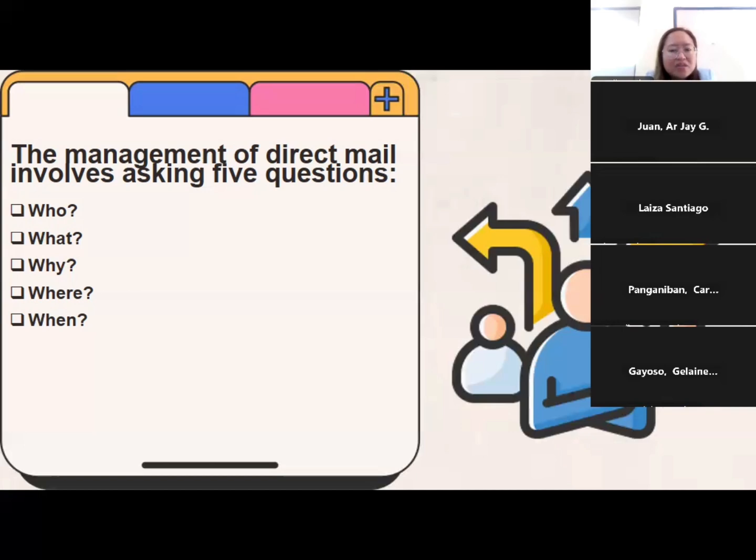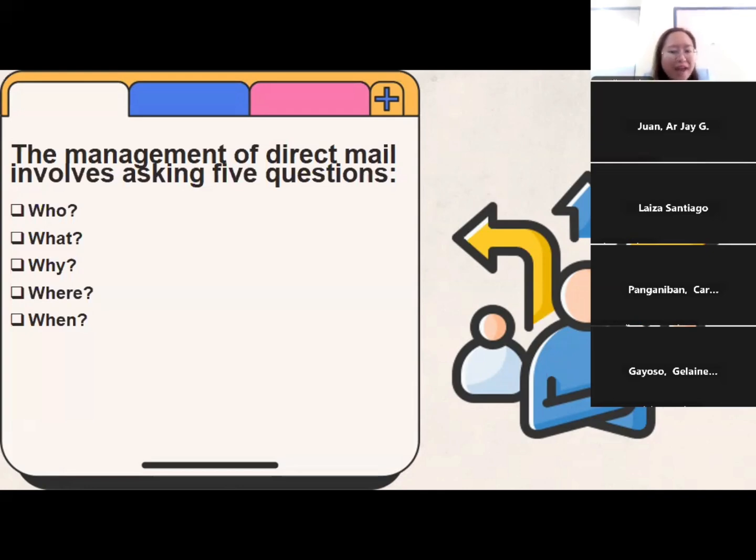And another question is what? Determine what response you want from them, such as making a purchase or requesting more information. An example is Groupon. It sends direct mail with coupons, aiming for recipients to make a purchase or visit their website to redeem the offers.